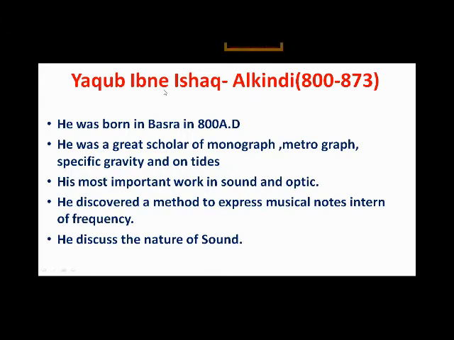It was Yaqub ibn Ishaq al-Kindi who arranged them in terms of their frequency. His most important work is sound and optics. Sound means arranging notes according to their frequency, and optics works on the eye, vision, or light.